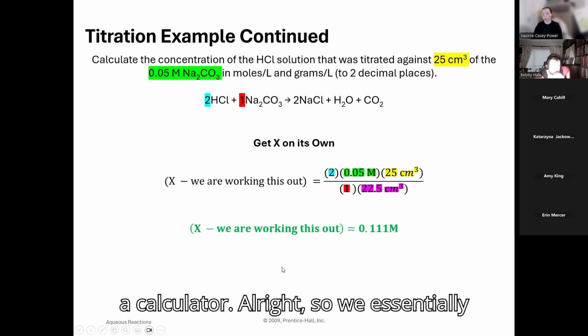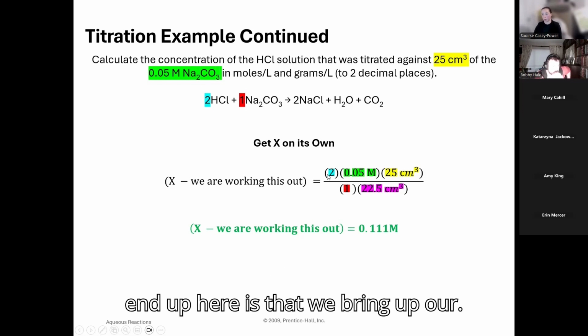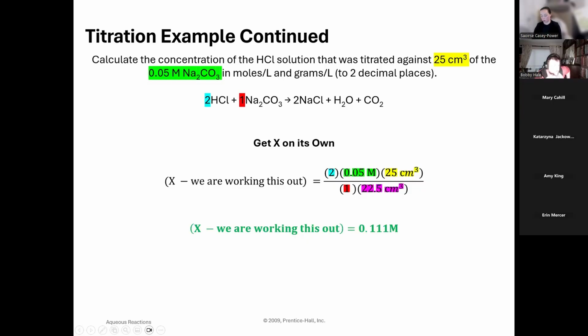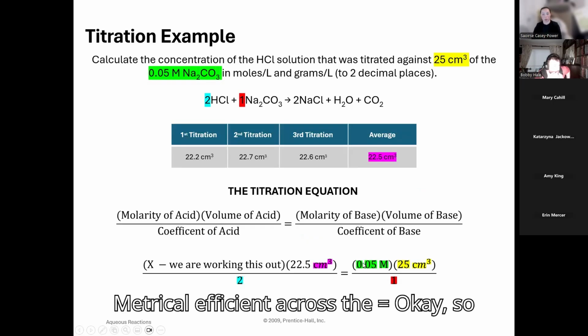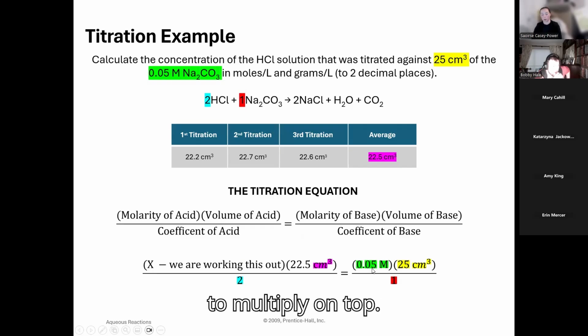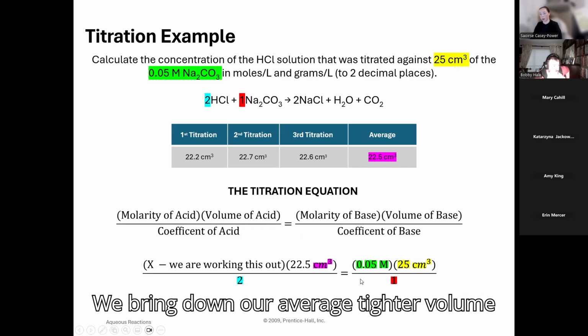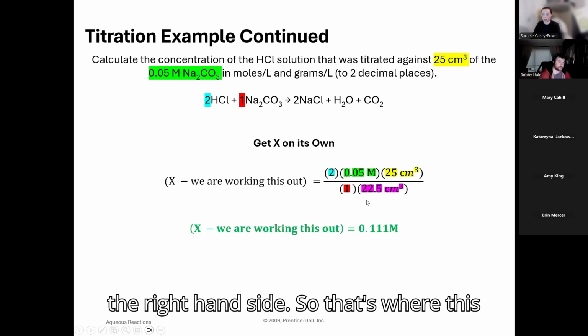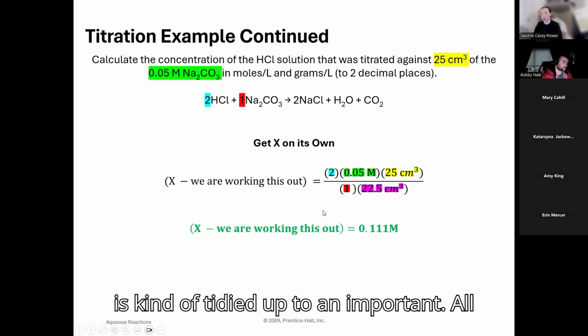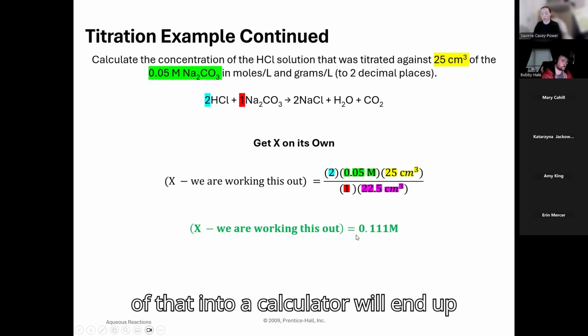So what we essentially end up with here is that we bring up our stoichiometric coefficient across the equal sign, so to multiply on top. We bring down our average titer volume across the equal sign so that it ends up dividing on the right-hand side. So that's where this is kind of tidied up to. And inputting all of that into a calculator, we'll end up with 0.111 molar.